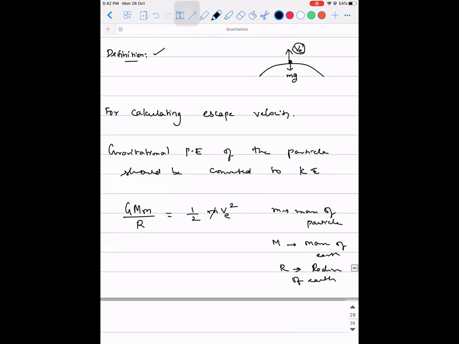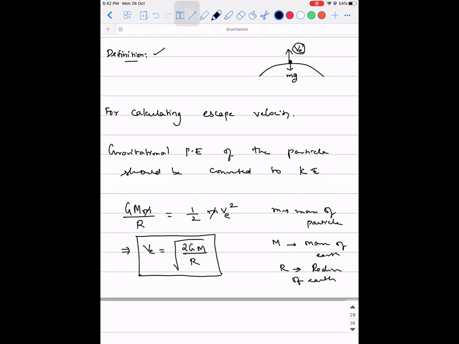Okay, so m and m will get cancelled, which implies VE is equal to root of 2 G capital M divided by R. So this is the mathematical expression for the escape velocity.